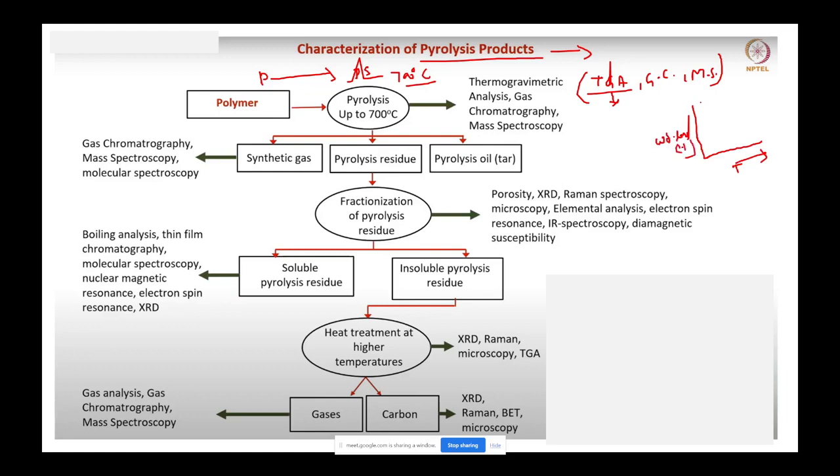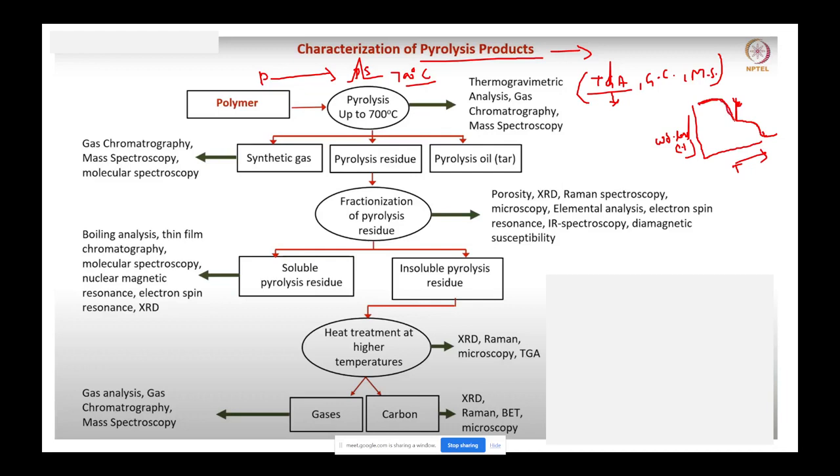What this means is that your material is at room temperature, and at a certain temperature it loses some water, some moisture if it is present.